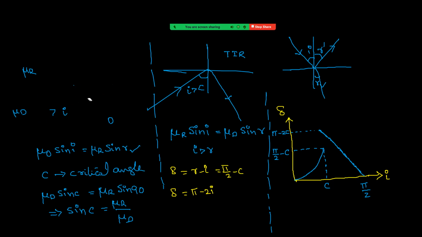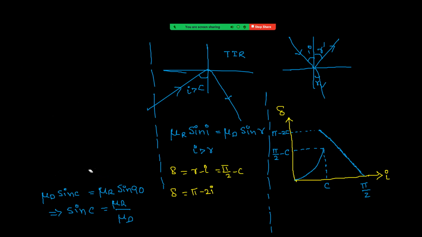So taking the light ray traveling from rarer to denser medium, we want to plot a graph for deviation as a function of angle of incidence. When you are taking rarer to denser medium, first of all see Snell's law.